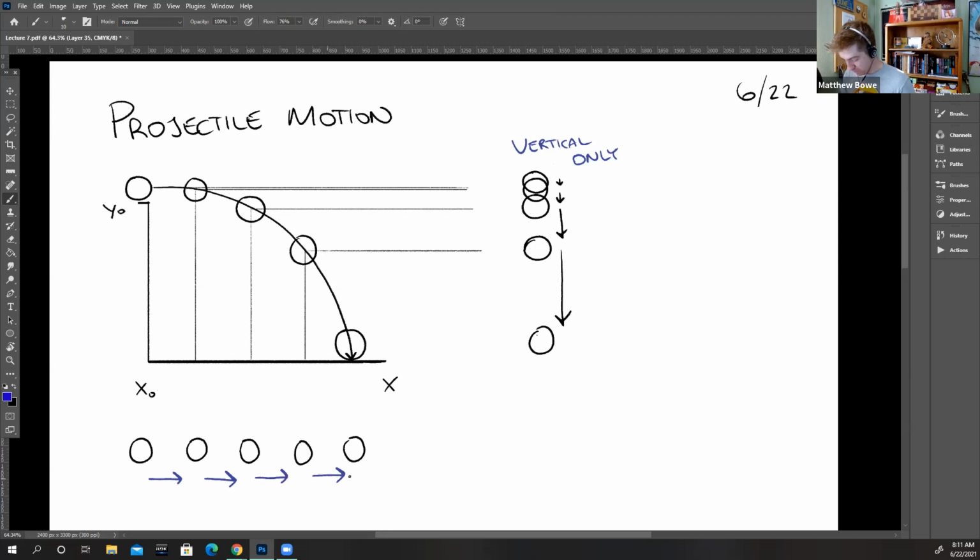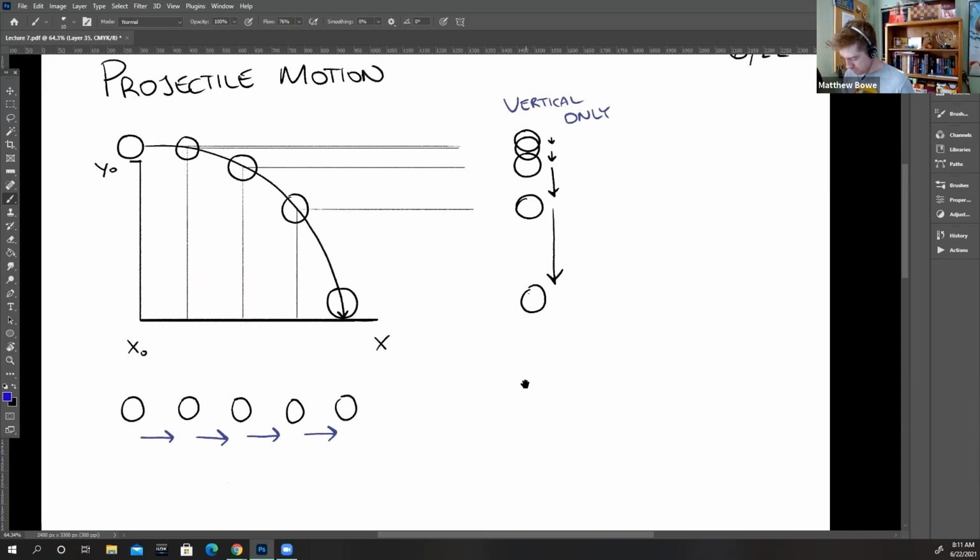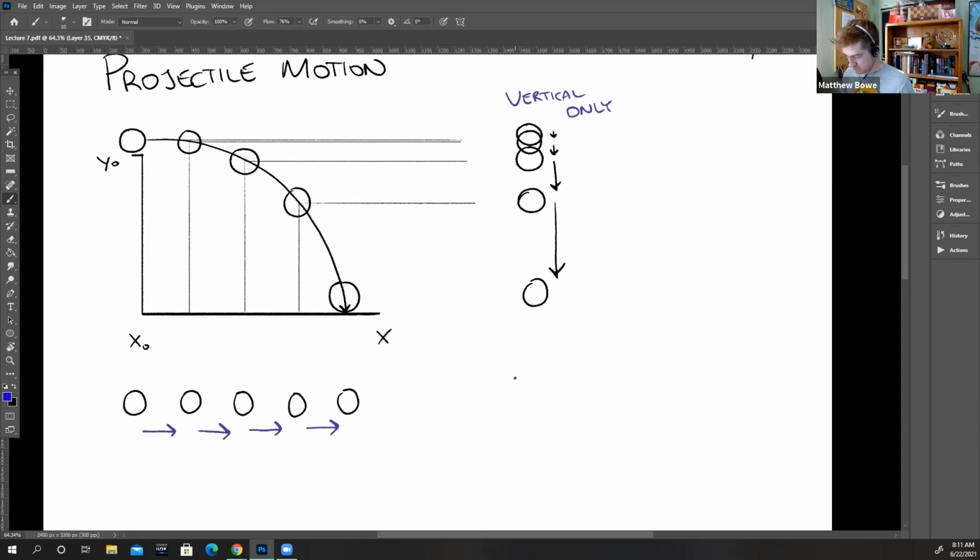So the velocity is not changing over time. So I can say horizontal only, and I can sort of claim that there is a constant velocity here.